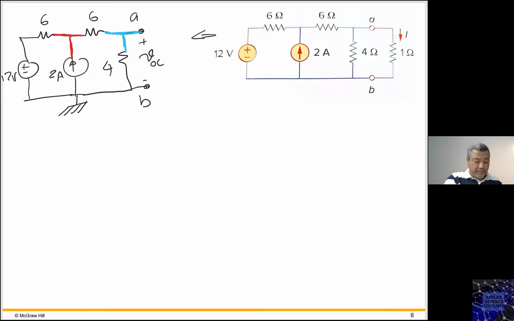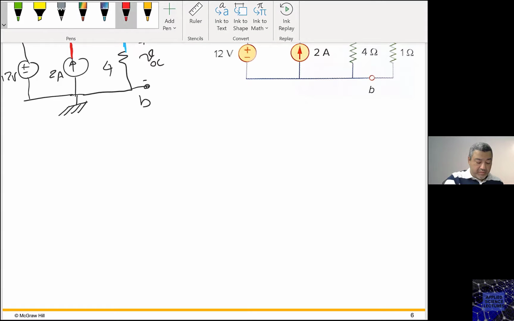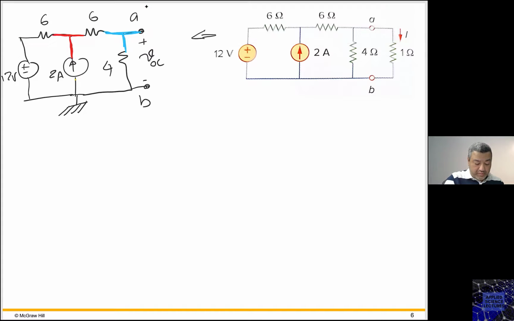This is a node. That's a node. And this is a node.